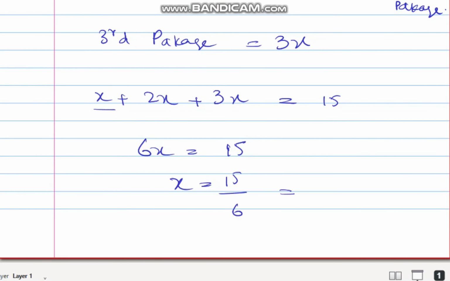Now you can also simplify this. How can we do this? Like 2 multiplied by 3 is 6. No, sorry, I will use 3 because I don't want to go into decimals. So 3 multiplied by 2 is 6, and 3 multiplied by 5 is 15. I will get x equal to 5 over 2.